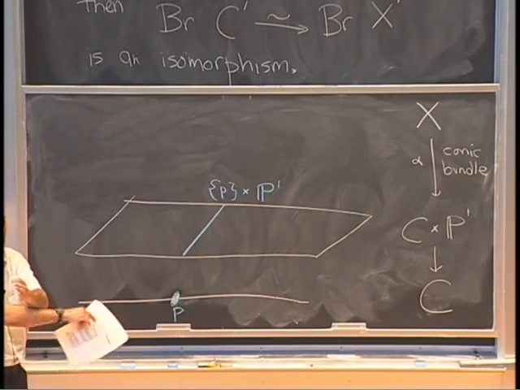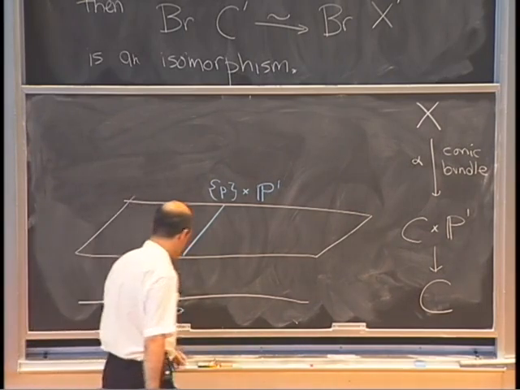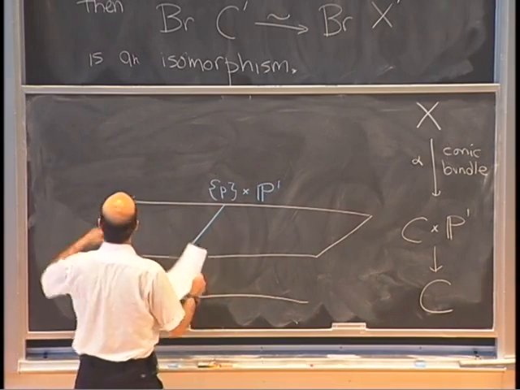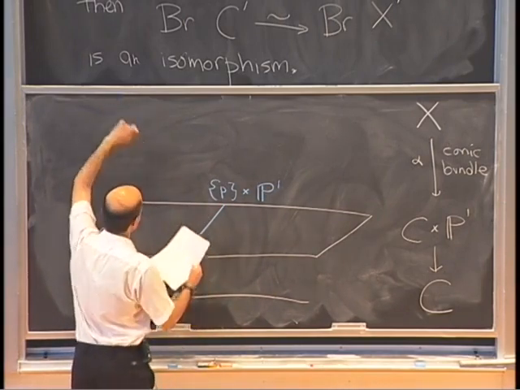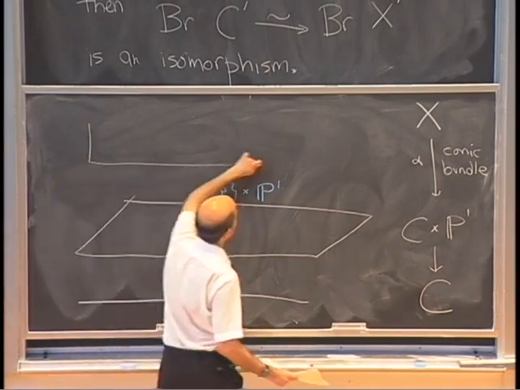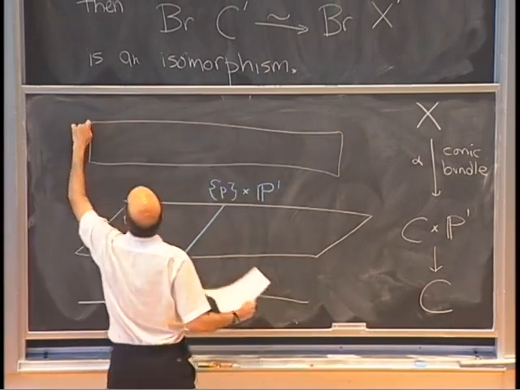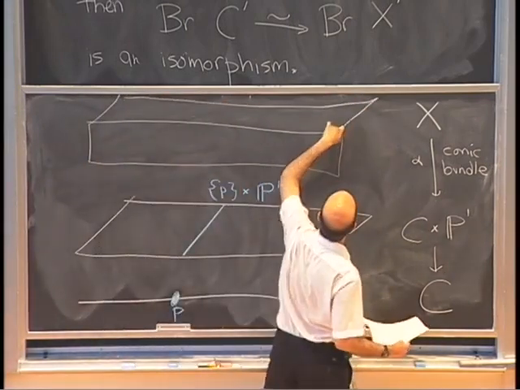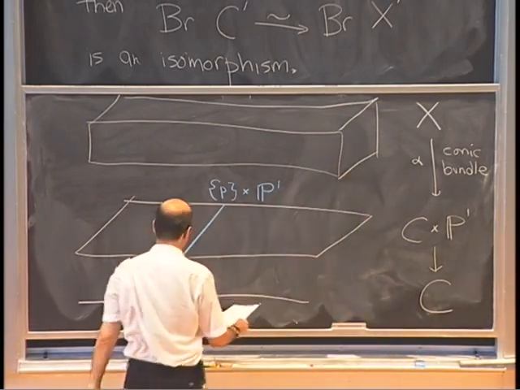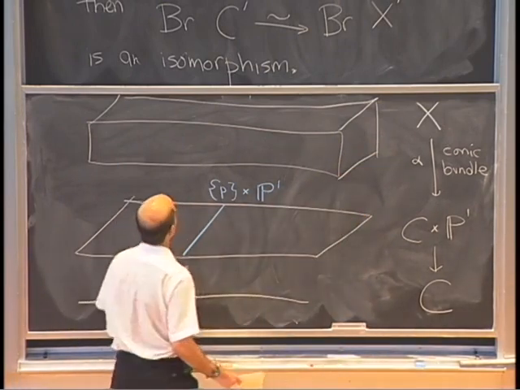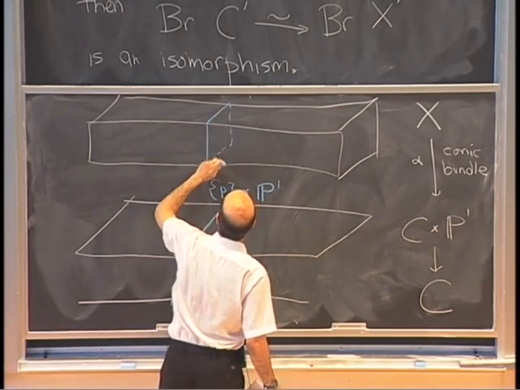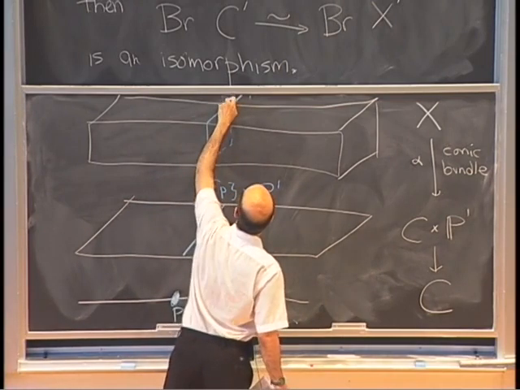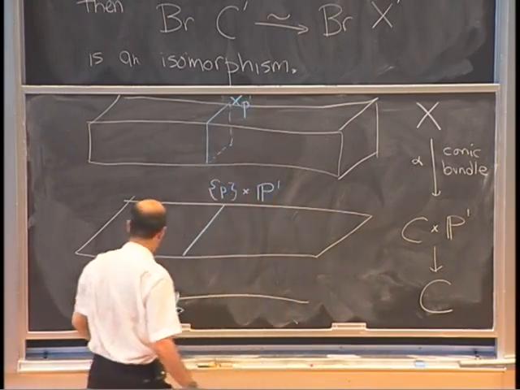All right. The way I'll draw this is, well, it's three-dimensional. So this is supposed to be x sub p, that's the fiber there.